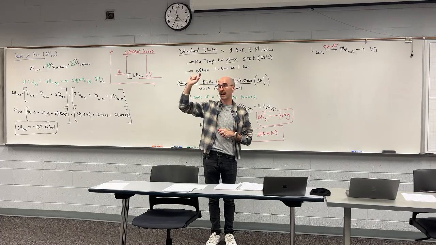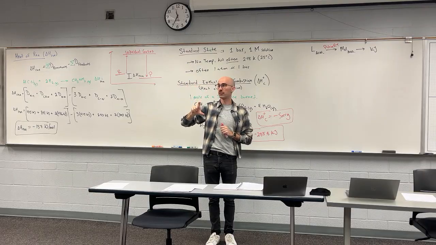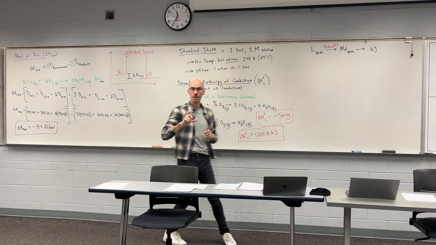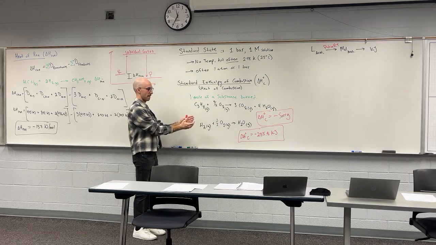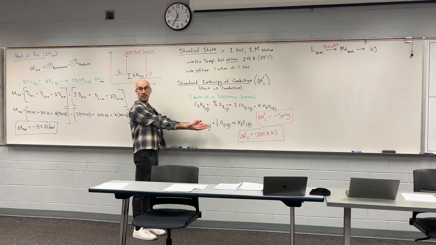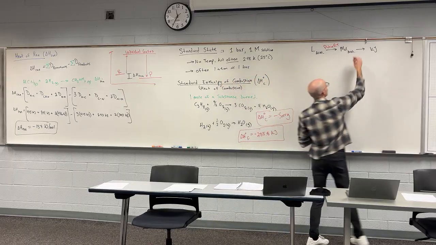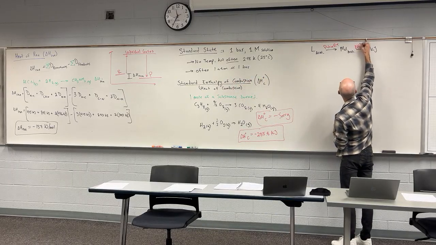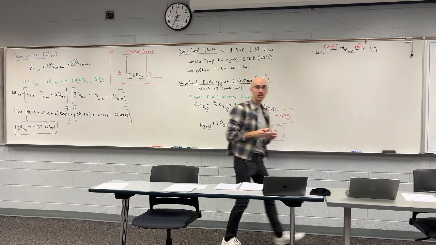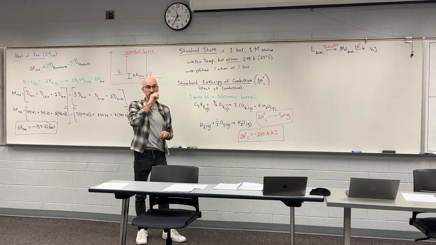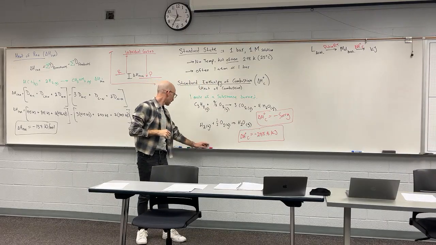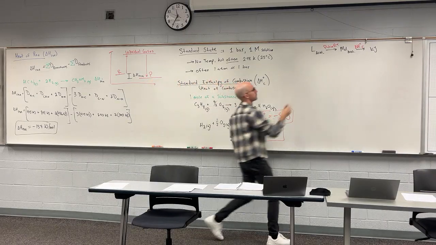I need something that has units of both moles of acetylene and kilojoules. Remember that we've been saying enthalpy is kilojoules per mole. So what I need here is the standard enthalpy of combustion with units of kilojoules per mole. So let's go through this together.